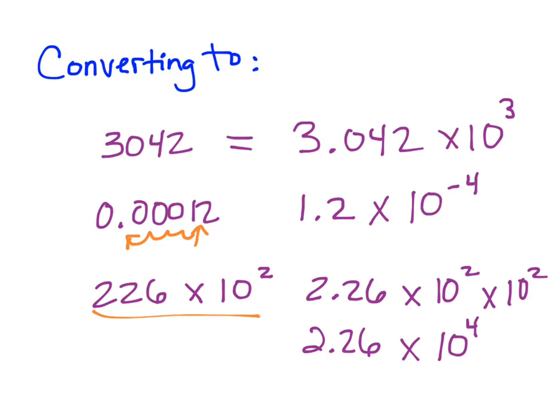So 226 times 10 squared would be 226 and then 2 zeros. And then 2.26 times 10 to the 4th, we would move the decimal 4 places to the right. So it would move after the 2, after the 6, and then we would fill in 2 more zeros. And then you can see in standard form that those two are equivalent.